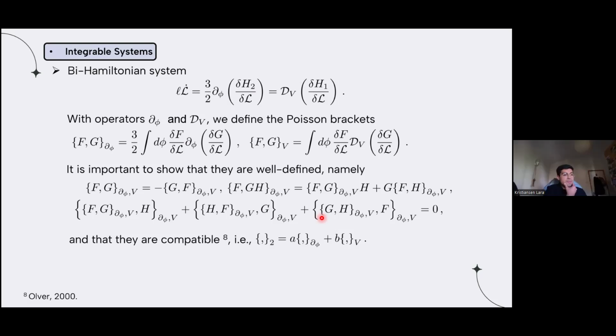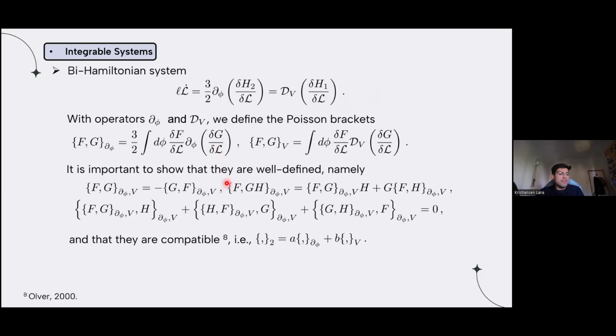Yeah, it is possible to find one, but first of all, this question has two answers. First, it is possible to find a second one. For example, if you find a third one, then you will be able to say that your system is three-Hamiltonian if it fulfills all of these properties. And the second answer is that, if you are able to find a second differential operator Dw, then you must check that this differential operator Dw allows you to define a well-defined Poisson bracket.